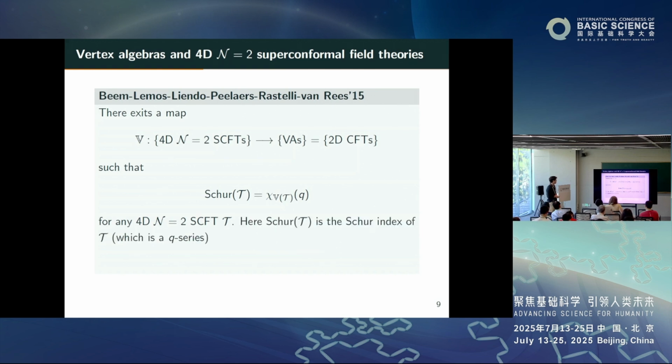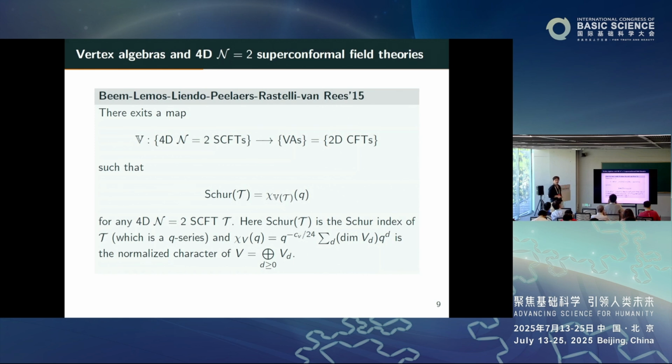And this q-series is recovered as the character of the vertex algebra. Vertex algebra is in particular a graded vector space, so you can associate to each vertex algebra a q-series by counting the dimension of each homogeneous component, and the statement is that this q-series is the same as the Schur index for this theory.